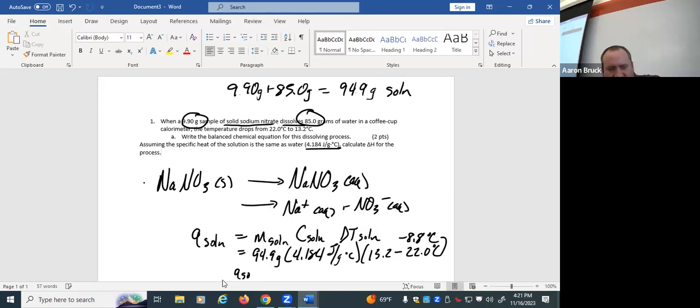So Q for the solution would be the product of those three numbers, 94.9 times 4.184 times the negative 8.8. And if I do that to two significant figures, because I only have two significant figures after I do this delta T subtraction, I get negative 3,500 joules.